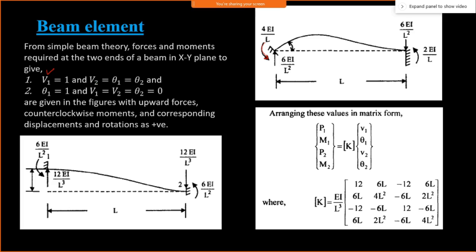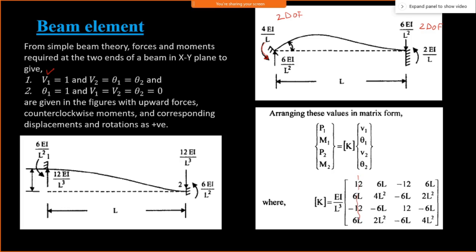So when we solve this, we have to have a 4 by 4 matrix because it has 2 DOF on one node and 2 DOF on another node. I will get one equation per degree of freedom, so 4 such equations in a 4 by 4 matrix.